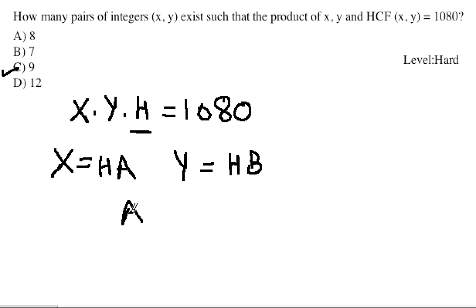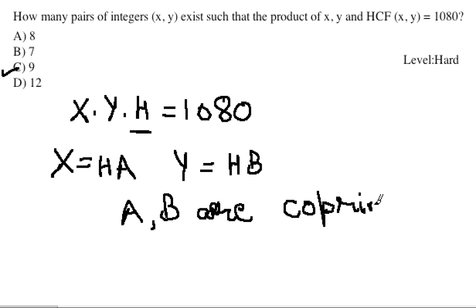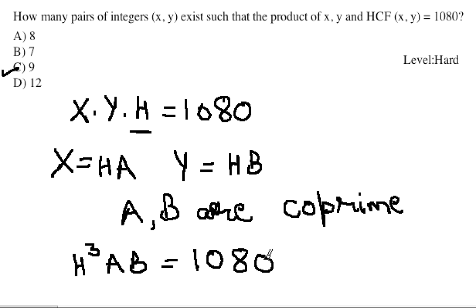So that is to say that a, b are co-prime, that is, they don't have any common factors between them. Okay. So now just putting the values of x and y in terms of h in this equation, we get h cube into a into b is equal to 1080.